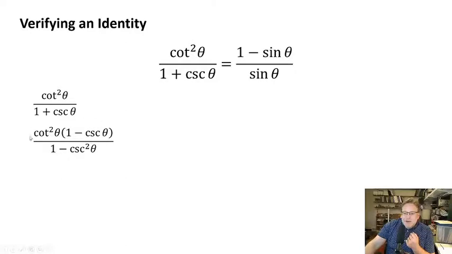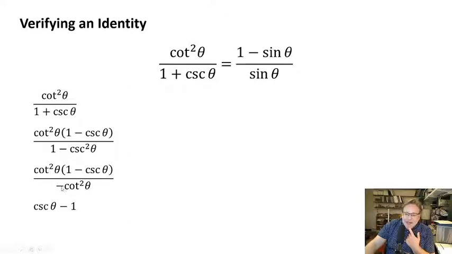On the bottom, I multiply 1 minus cosecant theta times 1 plus cosecant theta, and I get 1 minus cosecant squared theta. Well, that's really useful here because 1 minus cosecant squared theta is negative cotangent squared theta. That can cancel out with this, leaving behind just 1 minus cosecant theta over negative 1.